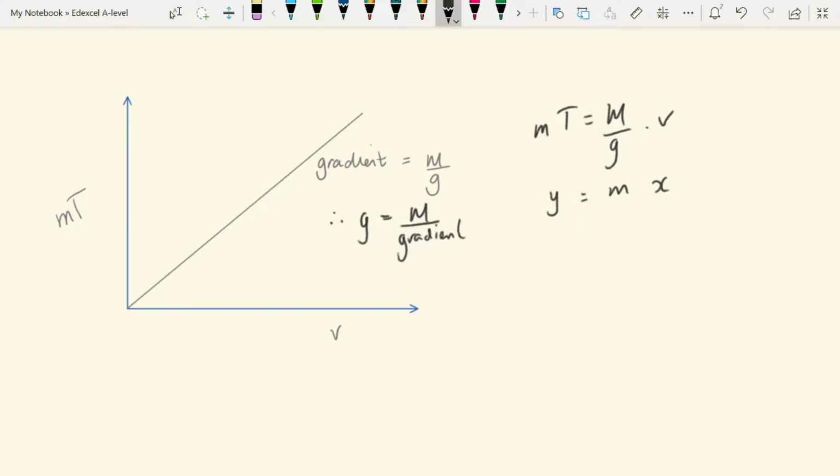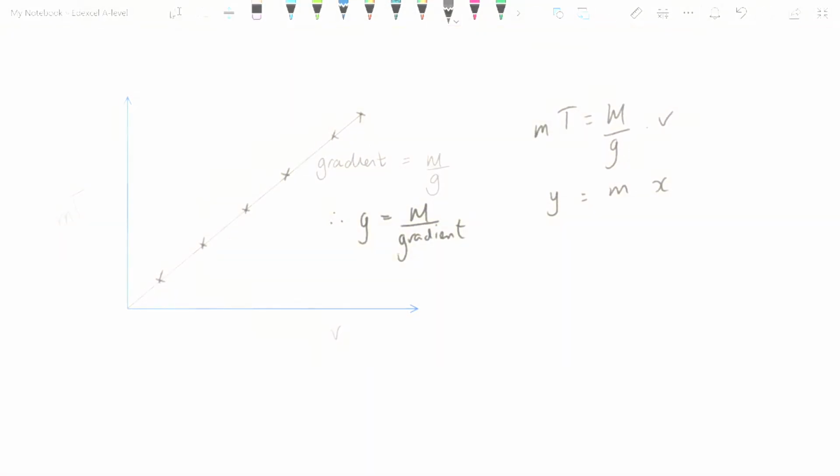And I'm deliberately not using small m for our gradient here so that we don't get confused between all of the m's. At the end of the experiment, you should have at least 6 values that you can plot on this graph, and hopefully you're going to have a graph that is a straight line that passes through the origin.